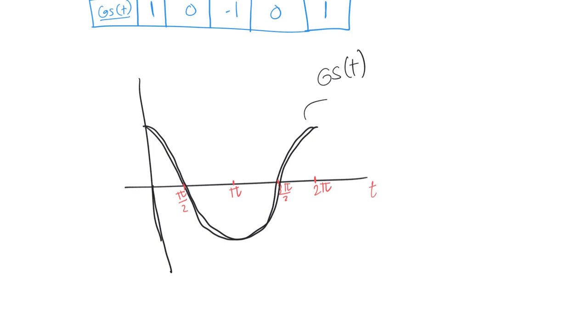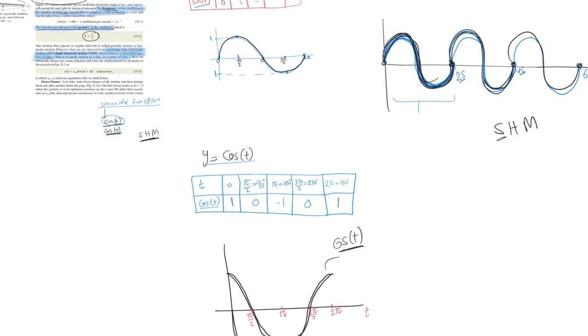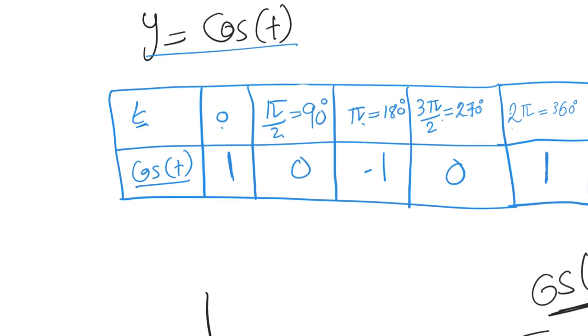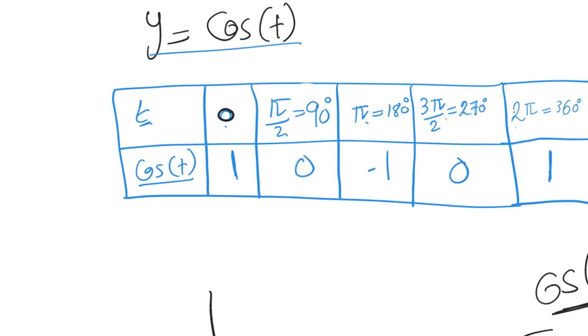And you can see the difference between cosine t and sine t. Look, for the cosine at time 0, the amplitude of the motion is maximum. I mean here at t equal to 0, cosine t is equal to 1.